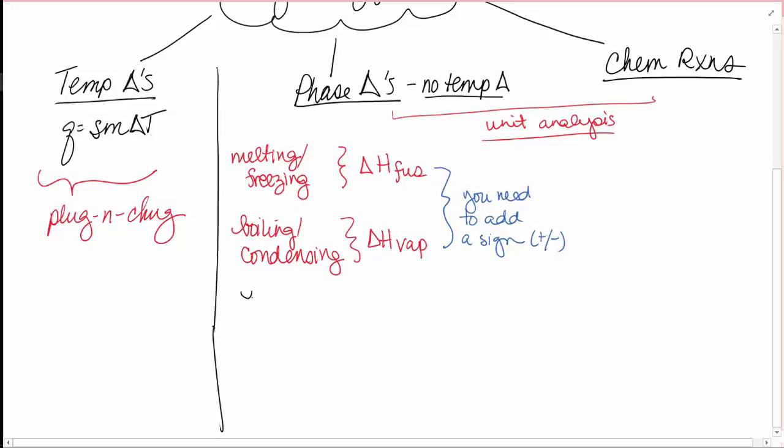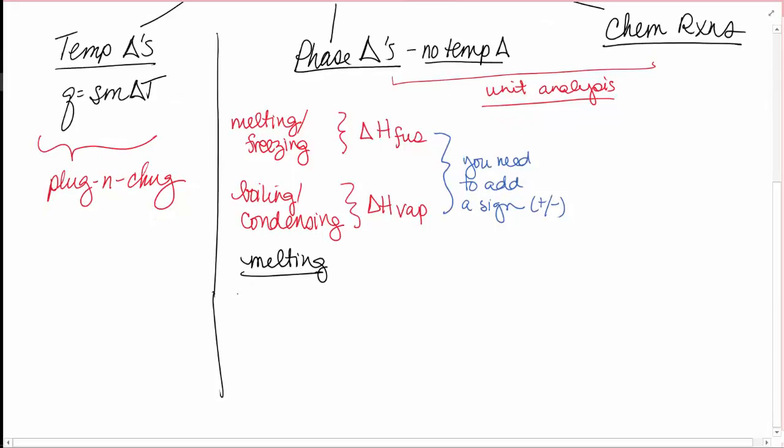All right, so I'm going to do for you an example of melting. And here's the problem. 10 grams of a solid melts. What is Q? A couple of pieces of information I will provide for you.